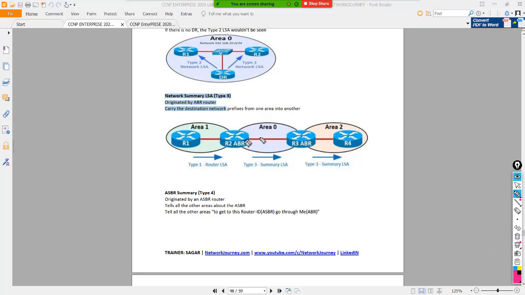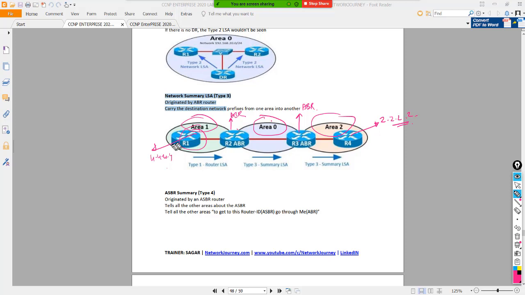So let's say in this scenario, I have area 1, area 0 and area 2. Now these are two ABRs. I have one ABR here, and the second ABR over here. Let's say I have a network 4.4.4.4 and a network 2.2.2.2.